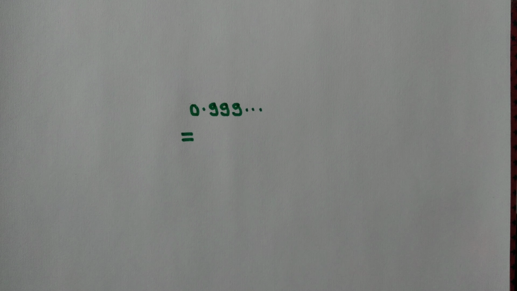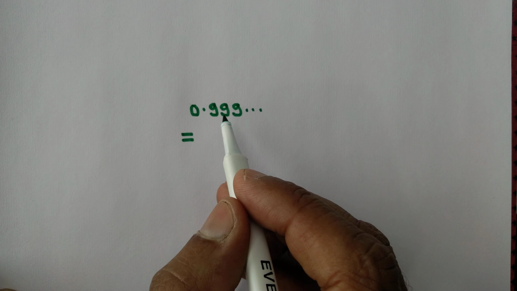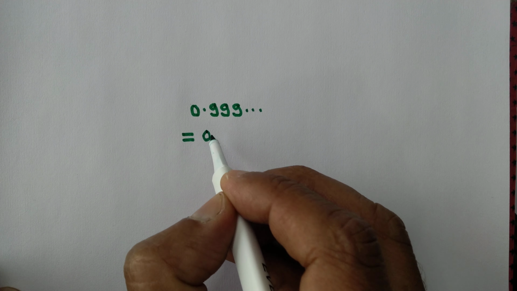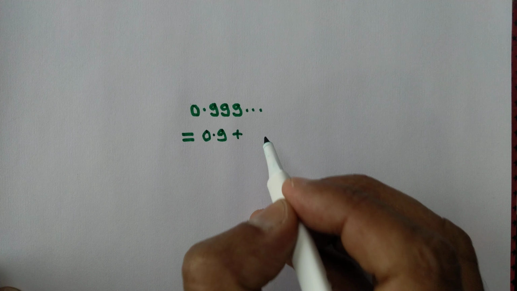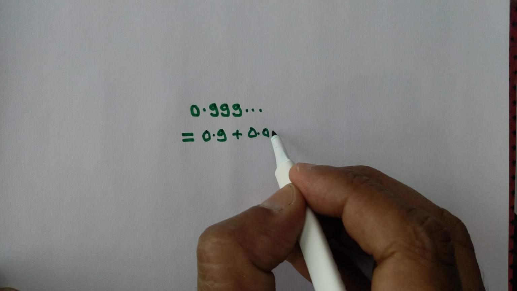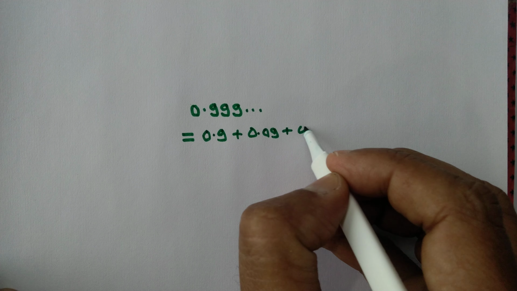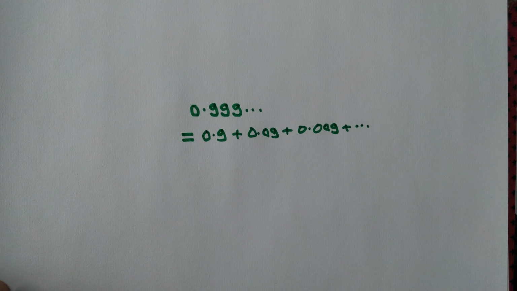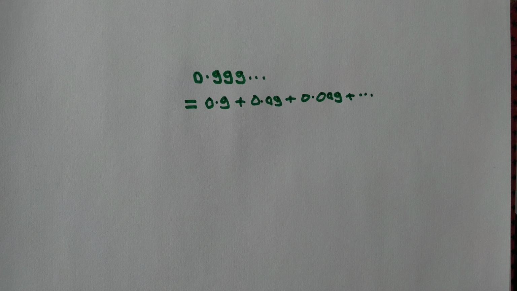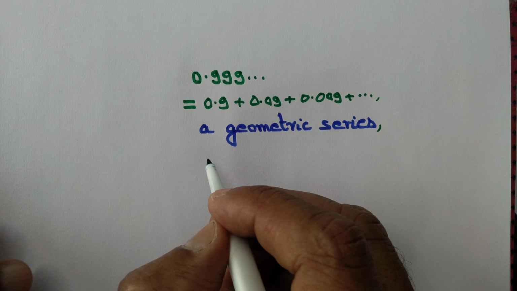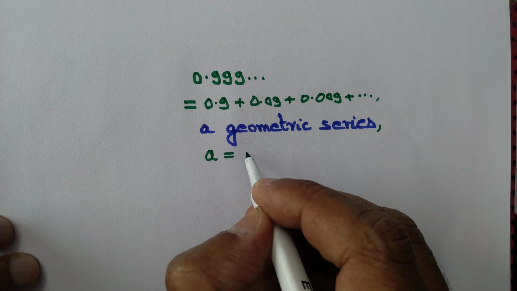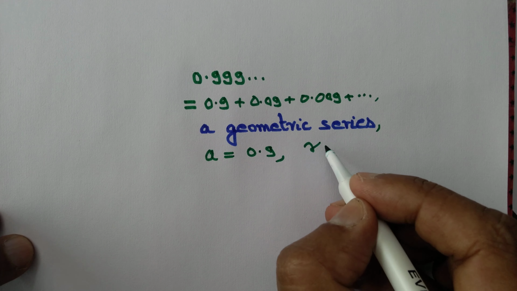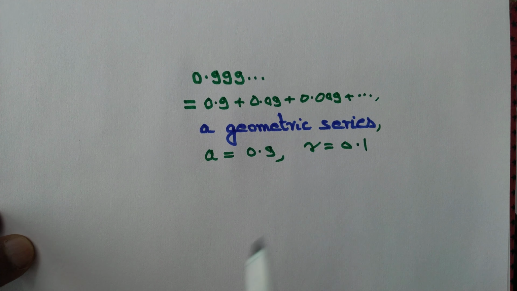The answer is yes. Let us write 0.999 and so on as a sum of 0.9 and 0.09 and 0.009 and so on. Observe that this is a geometric series with the first term a equal to 0.9 and the common ratio r equal to 0.1.